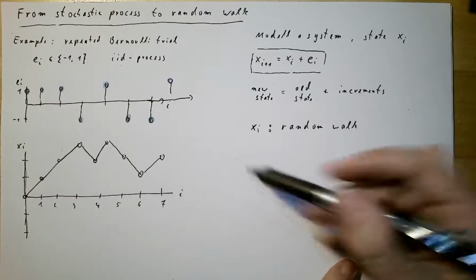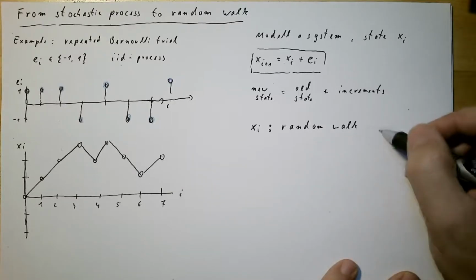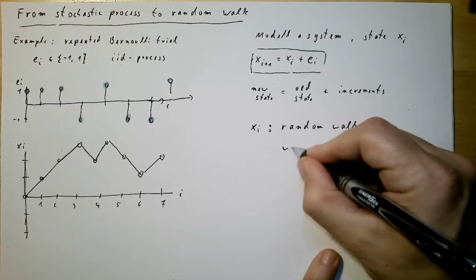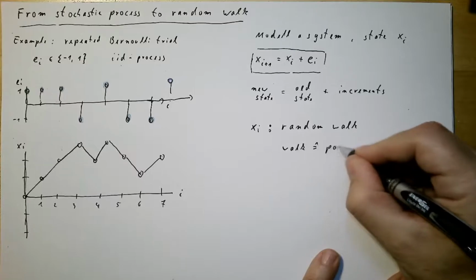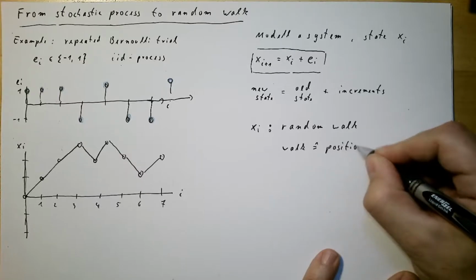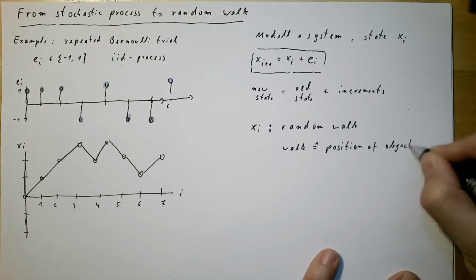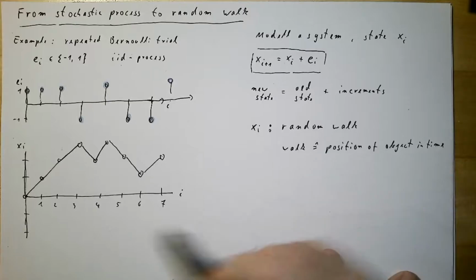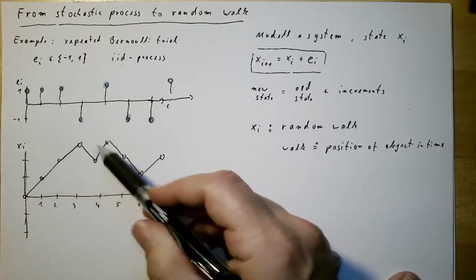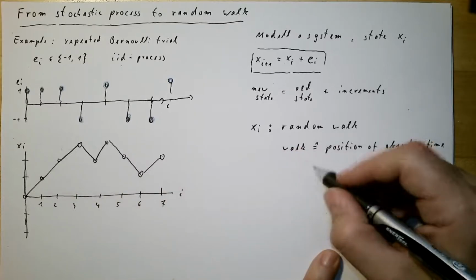In this way, we obtain a walk, the position of an object in time, or you could say we obtain here a profile, so we get a certain characteristic function.